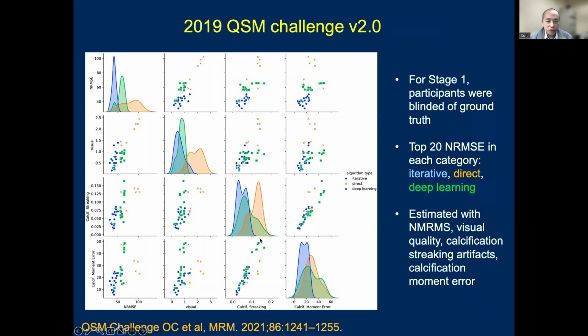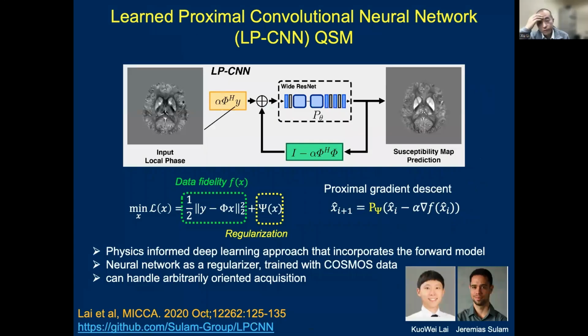And here you can see that the deep learning-based methods, represented by these green lines, actually have larger errors as compared to the blue lines, which represent the conventional iterative approach. So this leads to our development of LPCN-QSM, which is of course a deep learning based approach, but we tried to have the deep learning network take into account our known physical model of the dipole convolution for QSM.